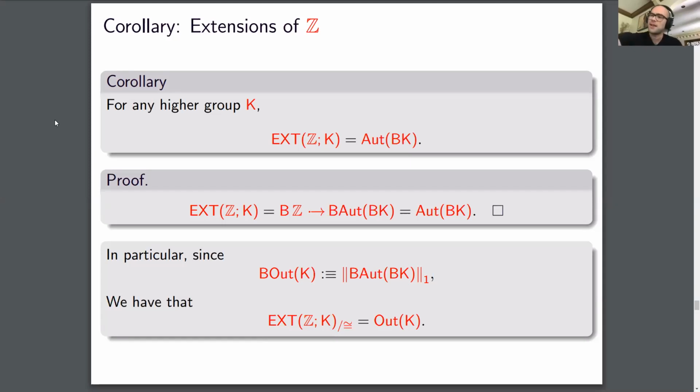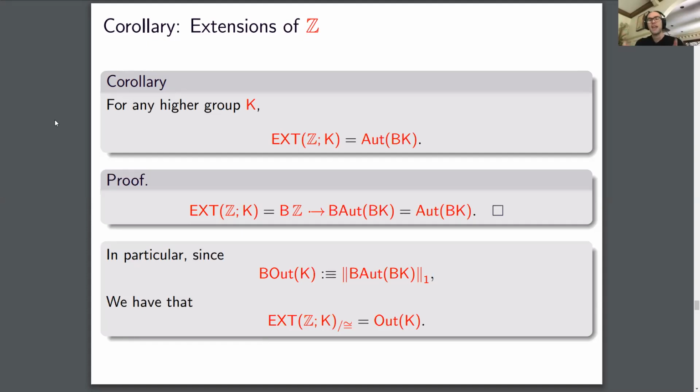And now, in particular, we get this sort of nice result, which is that if we take B Aut BK and we take its 1-truncation, we get the outer automorphisms of K. So if you remember that Aut BK was like the automorphisms of K, but then the morphisms in it, the identifications between those automorphisms, are the conjugating elements.